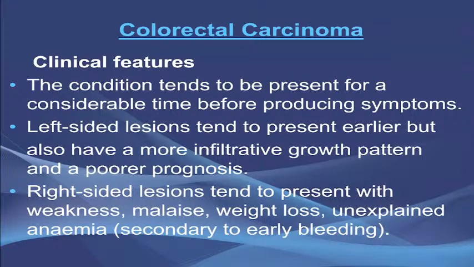These tend to be discovered later, present later clinically, and therefore will have a poorer prognosis because they will have later stage disease. The right-sided lesions tend to present with weakness, malaise, weight loss, and unexplained anemia, of course secondary to long-standing rectal bleeding.